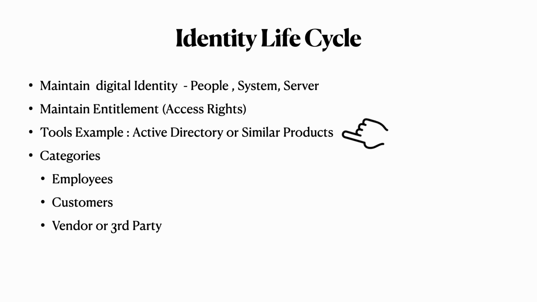It could be Active Directory or some custom products. Digital identity could be categorized into 3: employees, customers, and third parties the organization does business with. And for each category, there could be different tools the company uses to manage identity lifecycle.